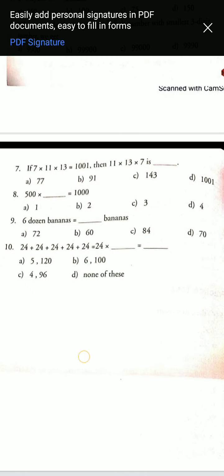Here they have changed the order, but they interchanged the numbers, so there is no effect on our product. Here the product is 1001 and here it is also 1001.